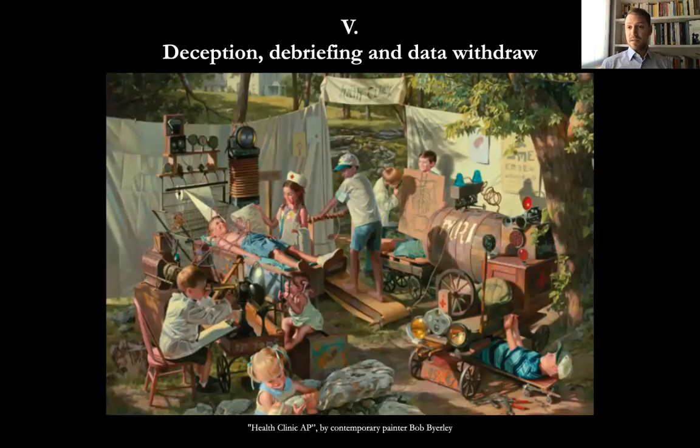So now we have seen what is deception, why deception sometimes is needed or required in scientific context in order to obtain valid results. And then three main rationales for arguing that basically the use of deception is ethically problematic.